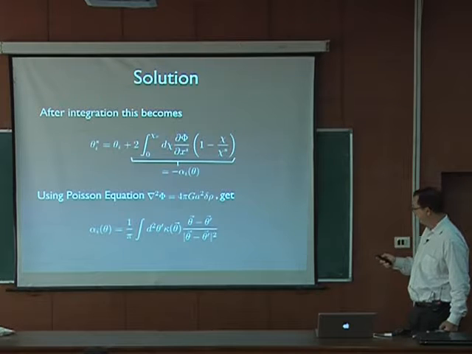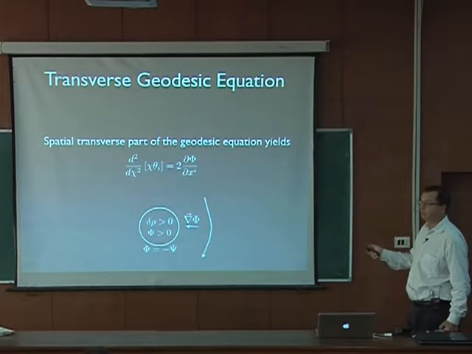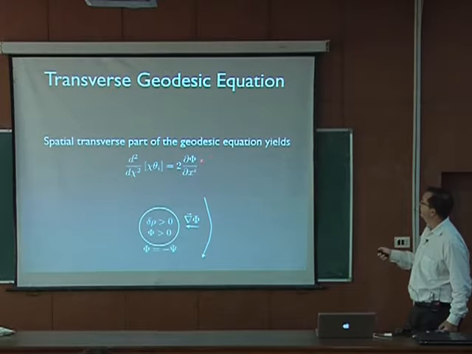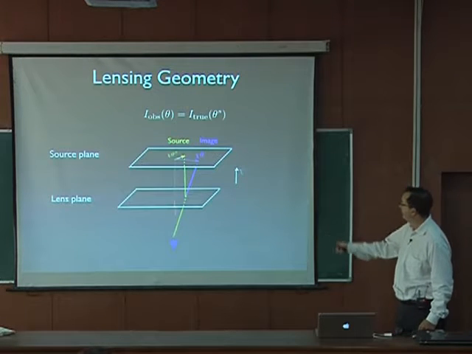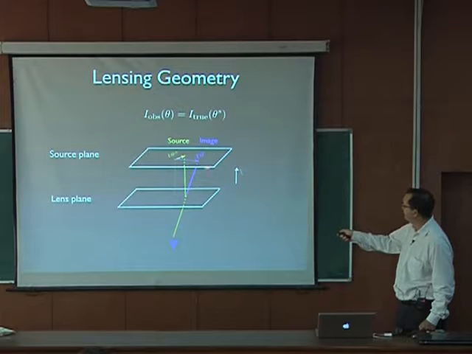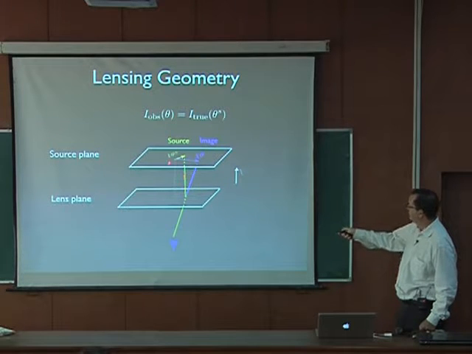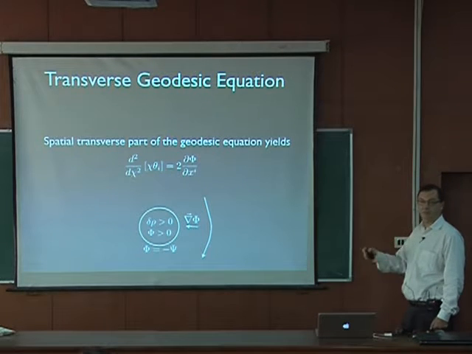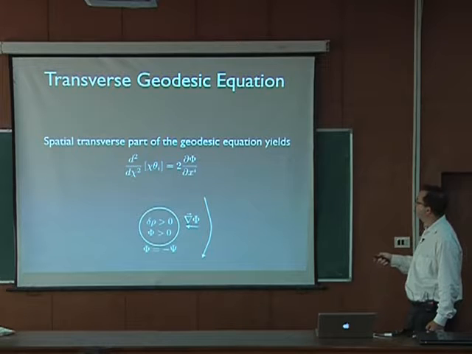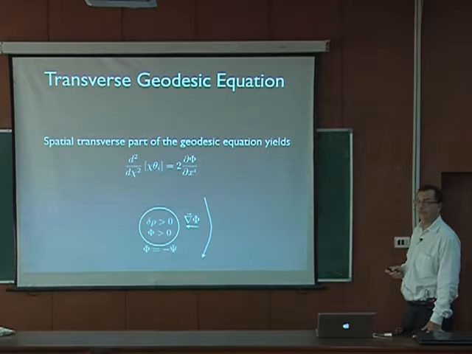If you look at the transverse part of the geodesic equation, after some algebra you can boil it down to this relation: if you look at the transverse displacement of the photon, so how much the photon is displaced from the vertical brown line, then you can show that the second derivative, which is some kind of acceleration in the transverse direction, is equal to 2 times the gradient of the potential phi.